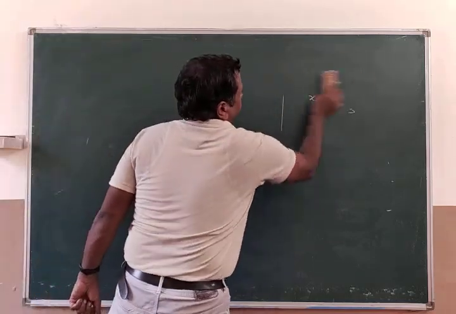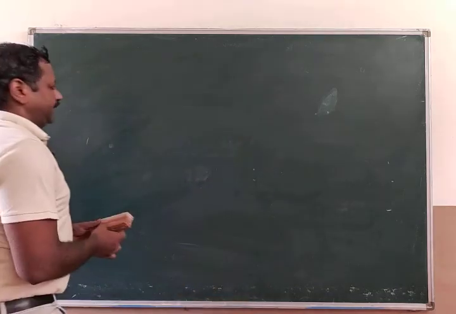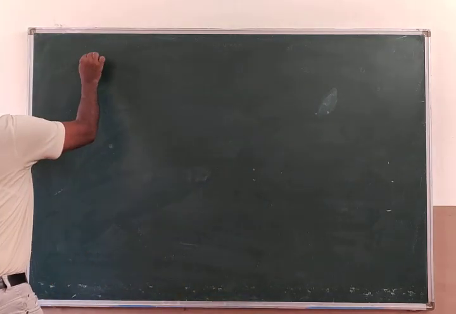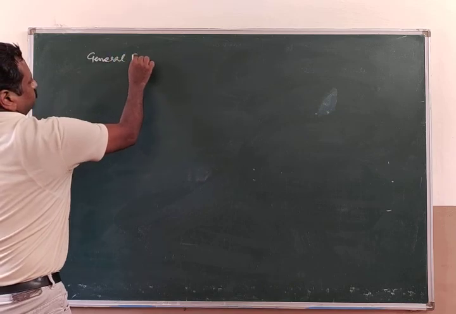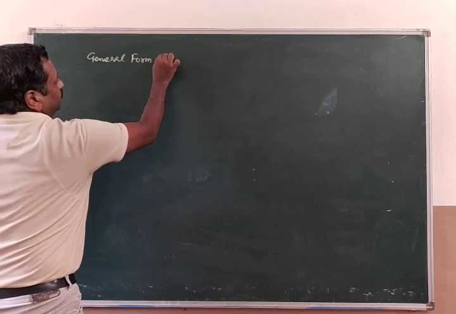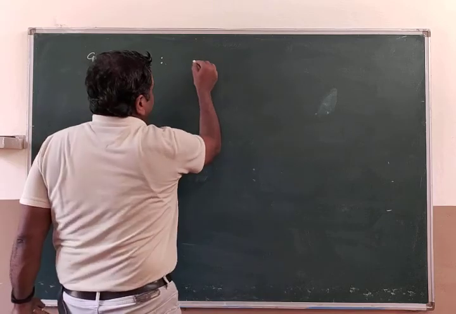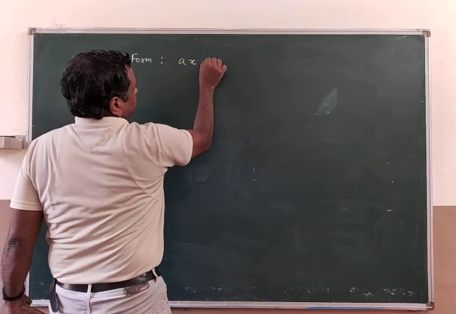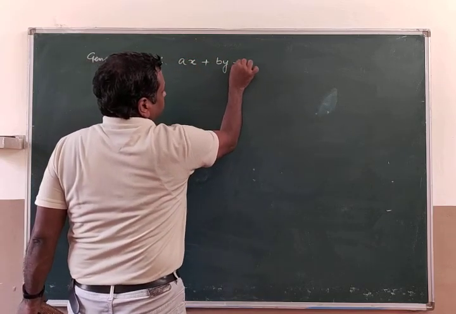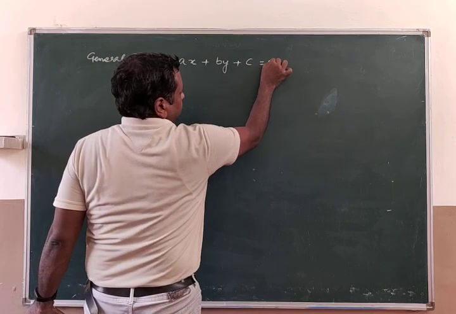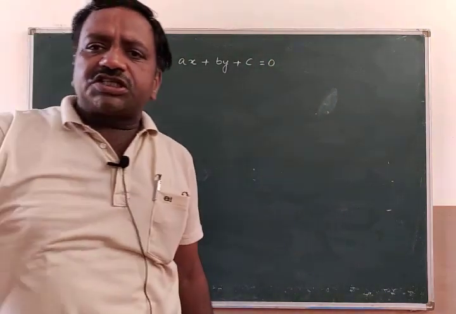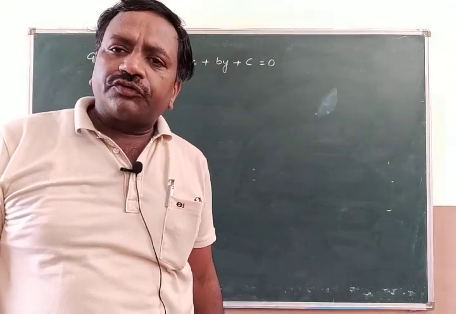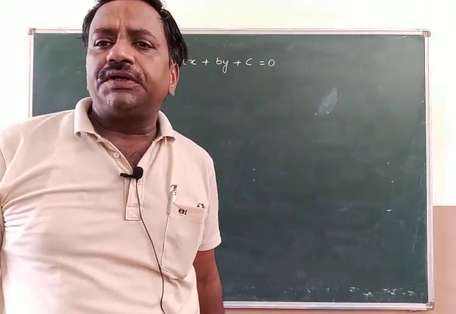Now the general form of a linear equation. The general form of a linear equation is ax plus by plus c equal to 0. Writing the equation in this way is called the general form of the equation.